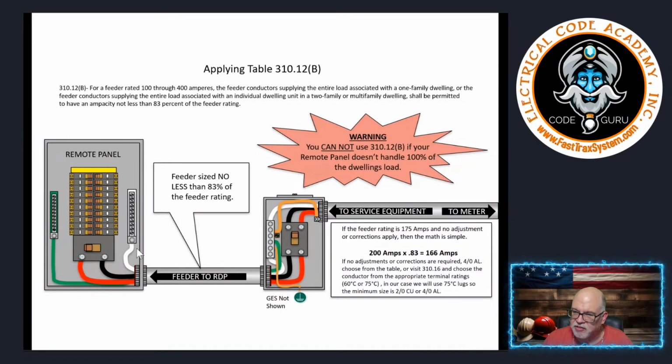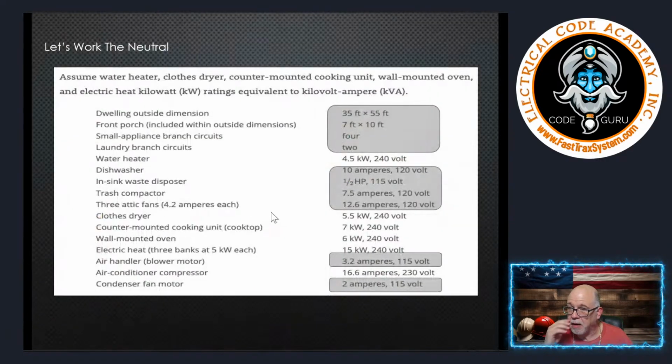And obviously it is. Everything in this panel is going to be going through this feeder. Then we're allowed to apply the 83% as well to the feeder application, okay, for these conductors as well. All right, same rules apply, okay? Now, and we already did that.